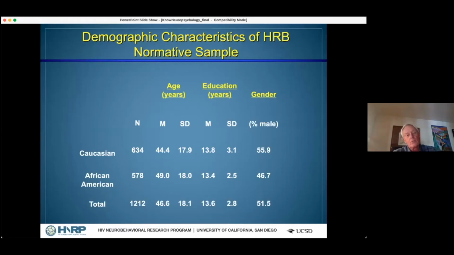There are a few more males in the Caucasian group, but they're not very different demographically beyond the race ethnicity.